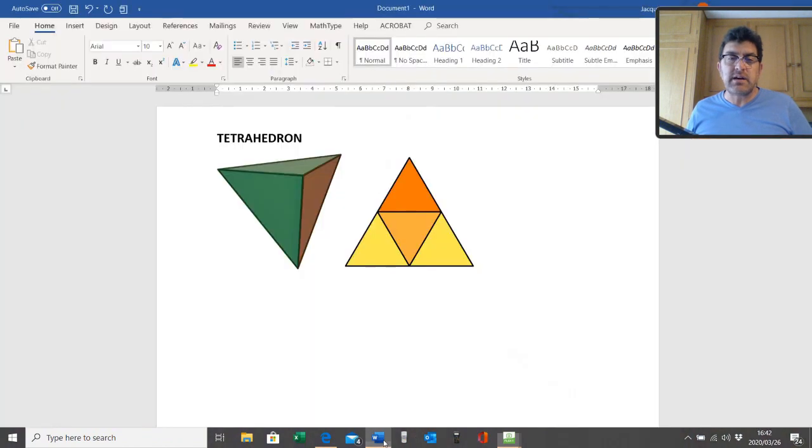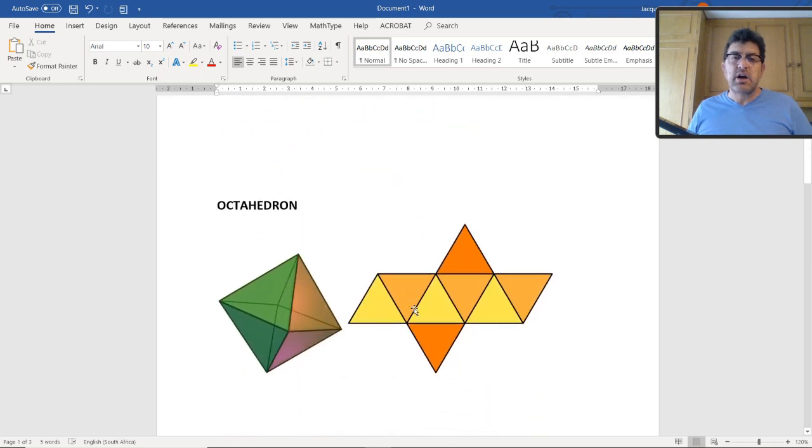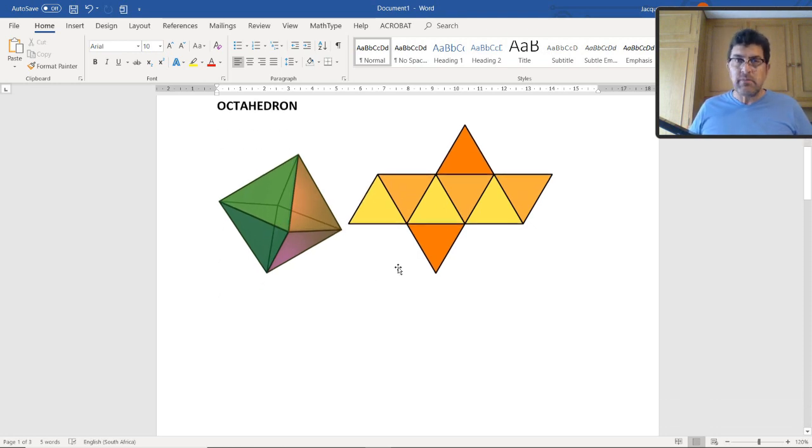Okay, so here I have the tetrahedron, the very first one. It's got 4 faces, f was 4, and then each of those have a triangle on its face. An octahedron, there was 8 faces, 1, 2, 3, 4, 5, 6, 7, 8, and that is what it would look like if you were to form an octahedron. And they're all regular.